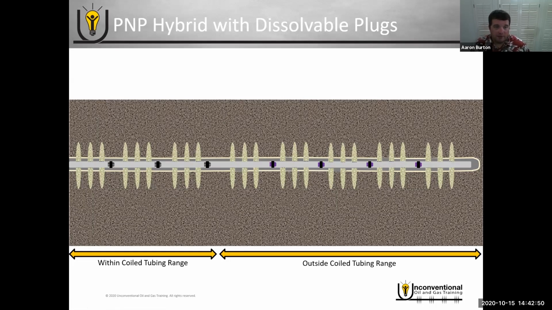After the frac job is over, they go in and mill out the composite plugs, and then over time the dissolvable plugs remove themselves from the toe of the well, giving them an interventionless system at the toe of the well.